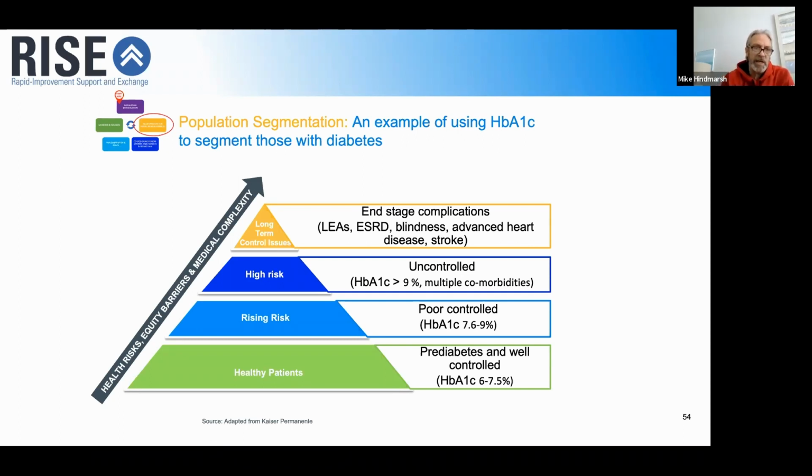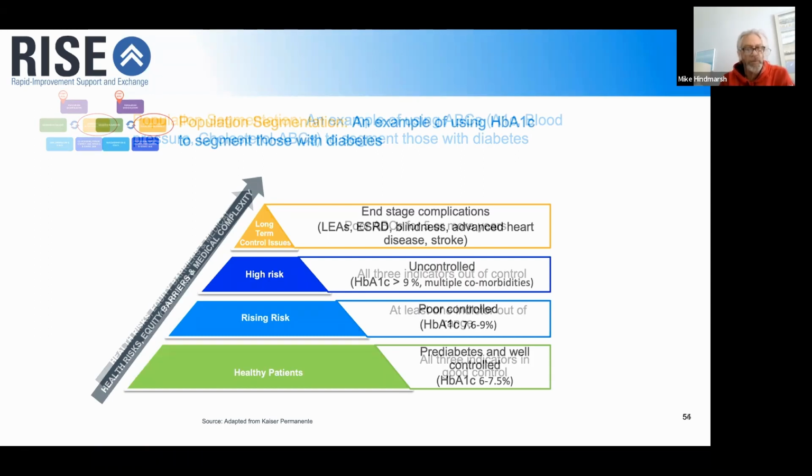And keep in mind, as you go up that pyramid, you also have equity issues, you have marginalization issues coming along with that medical complexity. So we also have to keep that equity focus on the pyramid.